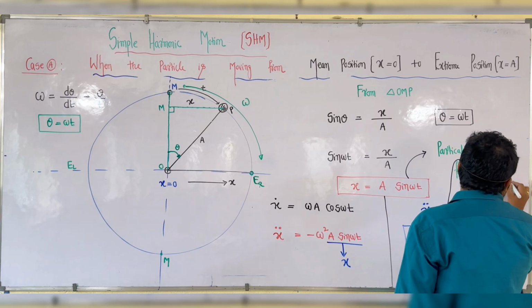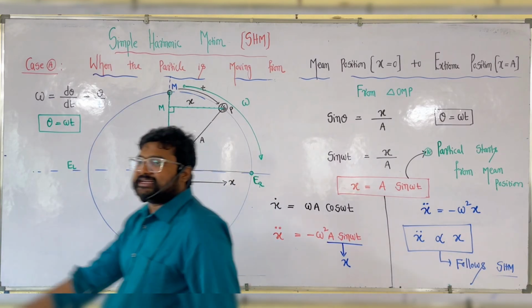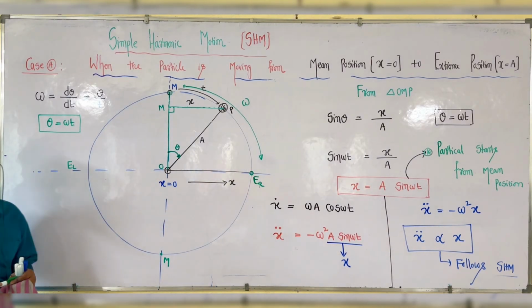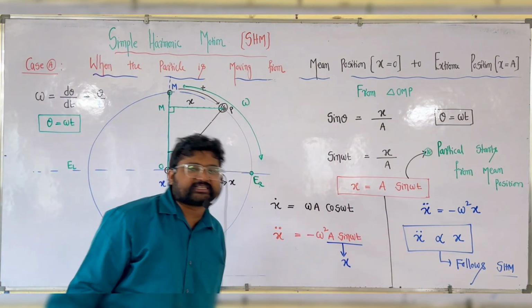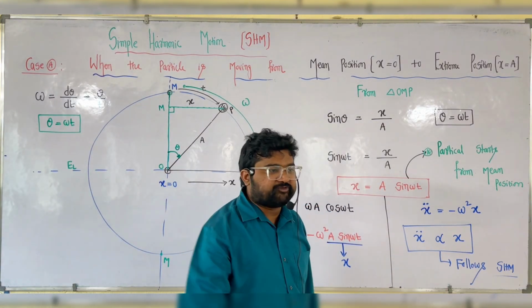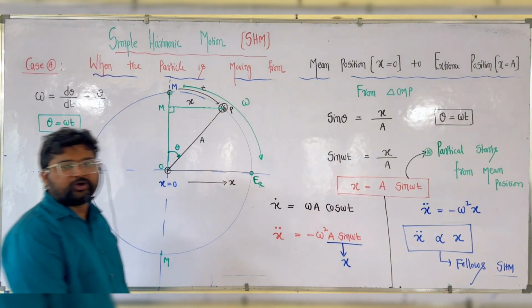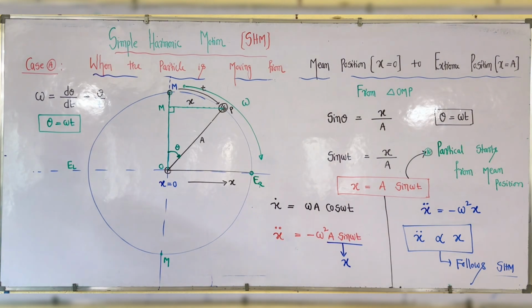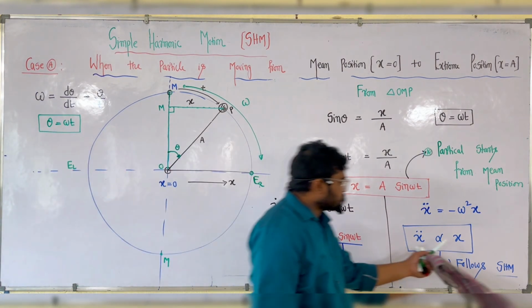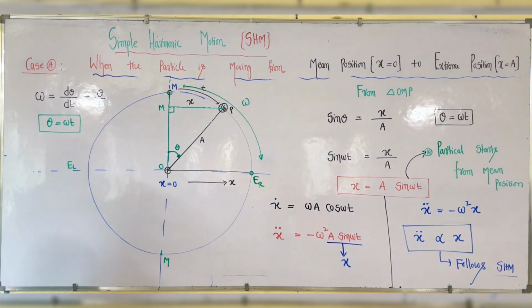When the particle starts from the mean position, what is the governing equation for displacement in linear SHM? X equals A sin omega t, because it follows SHM. Why? The acceleration of the particle is directly proportional to its displacement, and the proportionality constant is minus omega square. Clear? Understood this? Next slide.